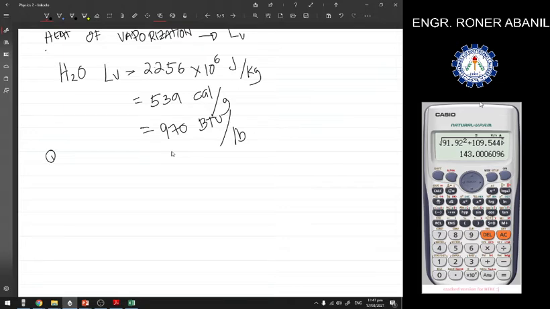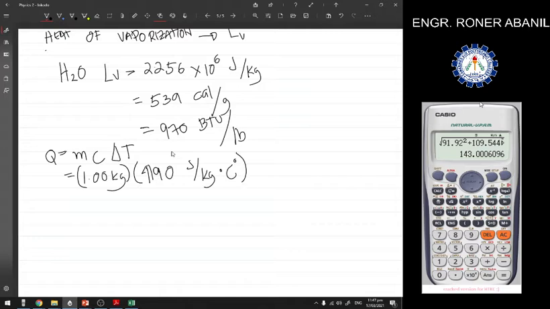magre-require ito ng Q equals M C delta T. Since yung mass natin is 1 kilogram, okay? Tapos, yung C natin ng water is 4,190 joule per kilogram Celsius. Multiply natin ang temperature change na 100.